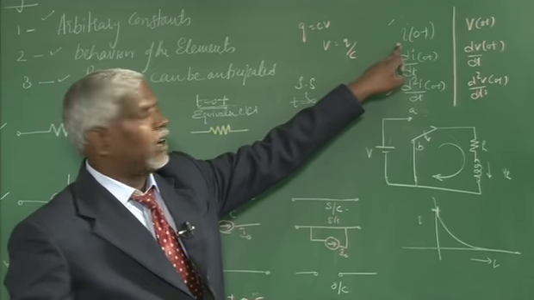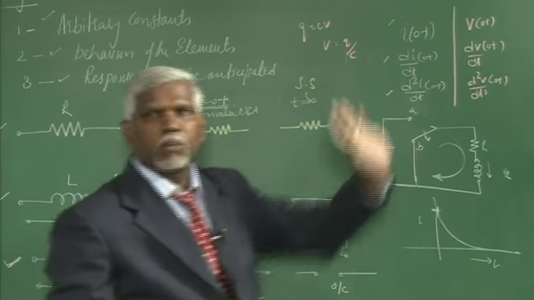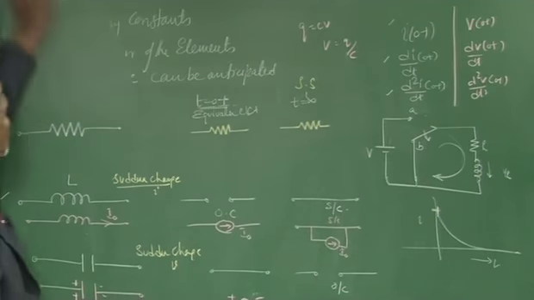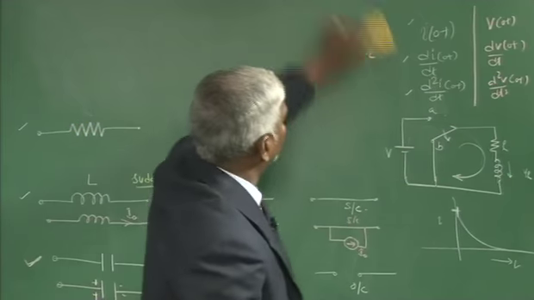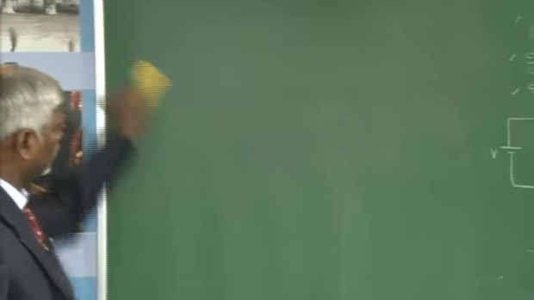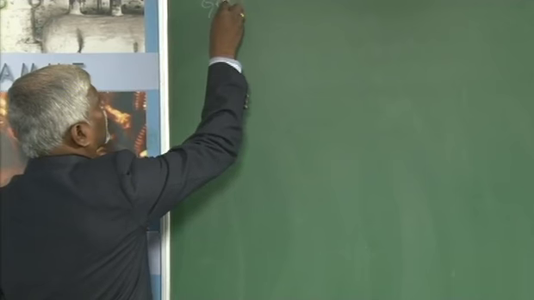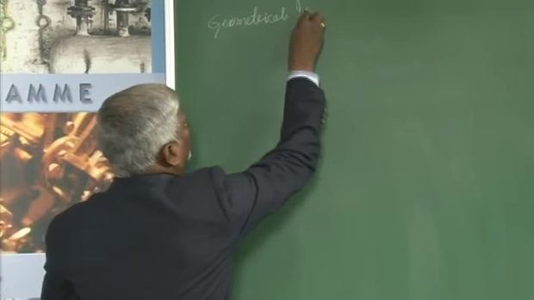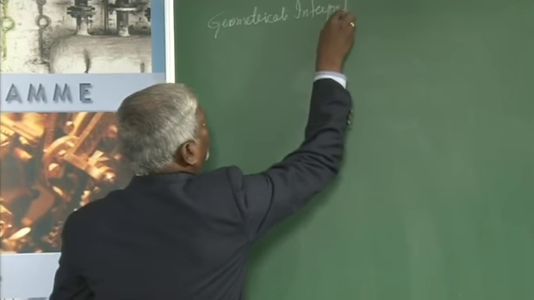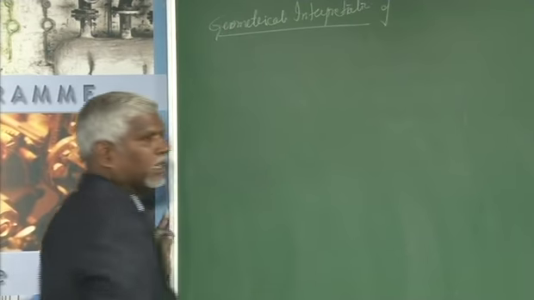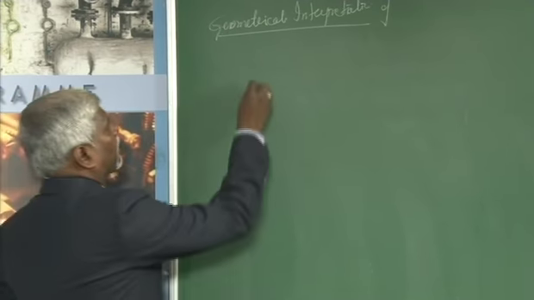First, I at 0 plus, V at 0 plus, or it can be a derivative of voltages or currents. If I just look at the geometrical interpretation of derivatives, say for example I at 0 plus.